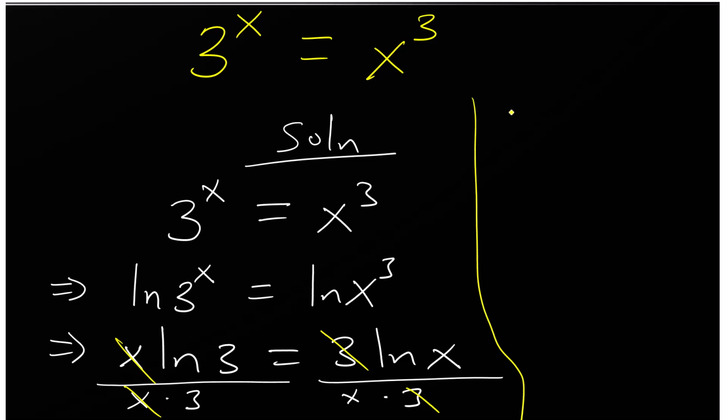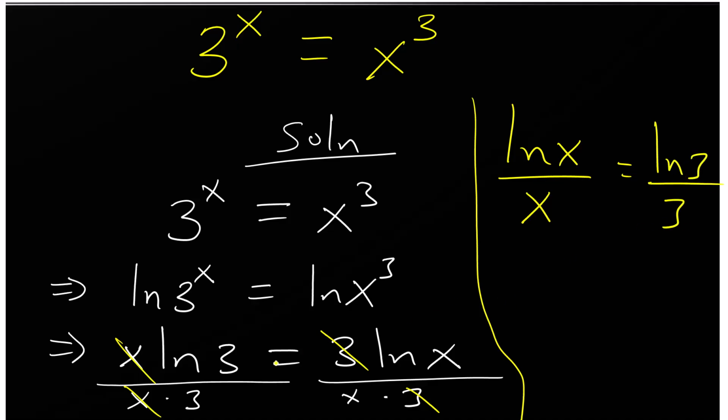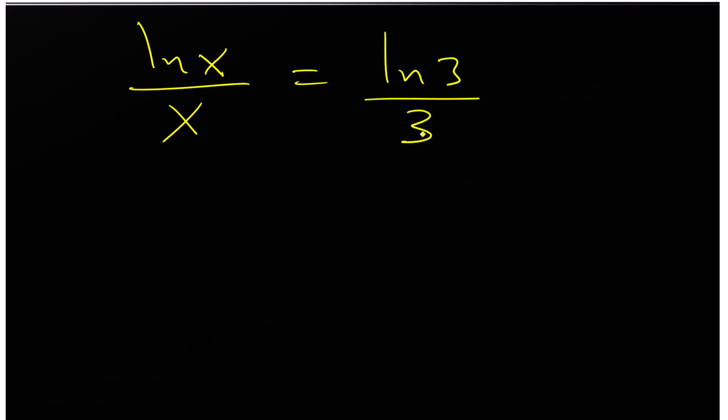So we have ln of x on x equals ln of 3 on 3.